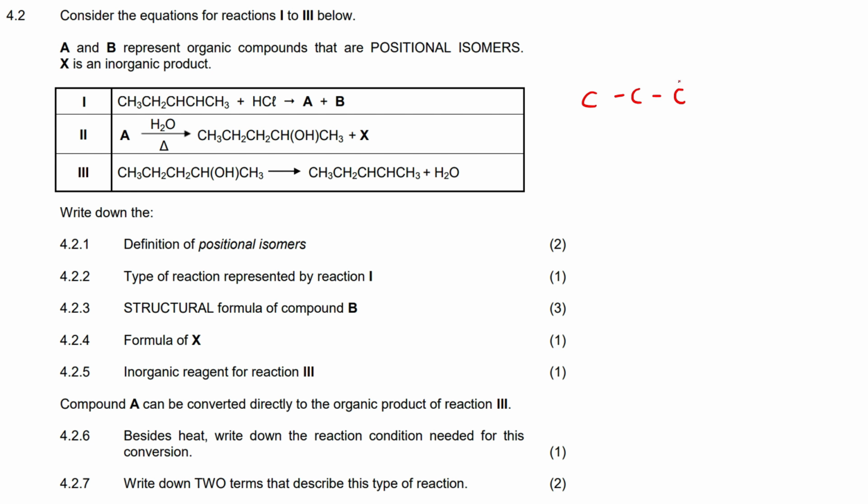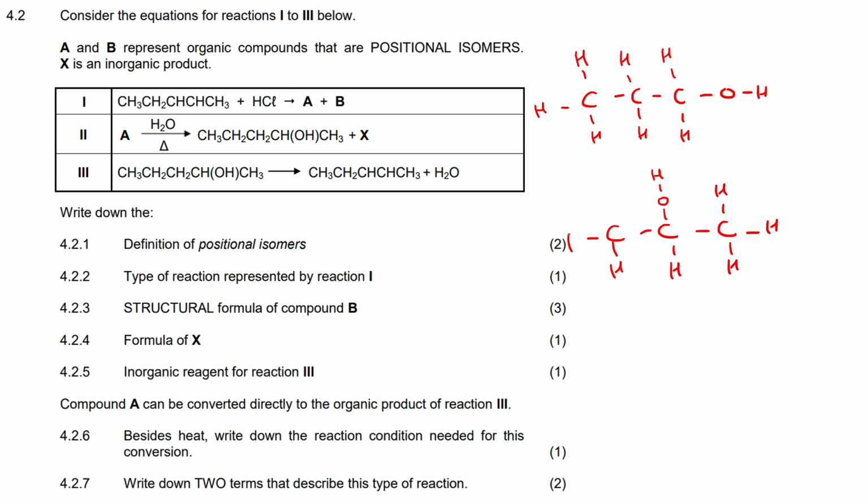Let's say we're looking at alcohol, and we've got an alcohol like this, okay? And then let's say we've got another one that also has 3 carbons, but this alcohol, the OH, is on carbon number 2. If you had to add up the number of carbons, there would be 3 for both. The number of hydrogens would be 8 for both.